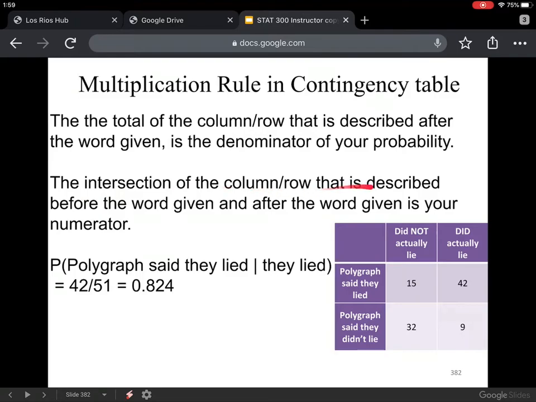The intersection of the column and row that is described before the word given and after the word given is the numerator. So you have this, polygraph said that they lied, given that they lied, right? Well, the denominator for that phrase would be the total of the column that they lied, right? That's 51.